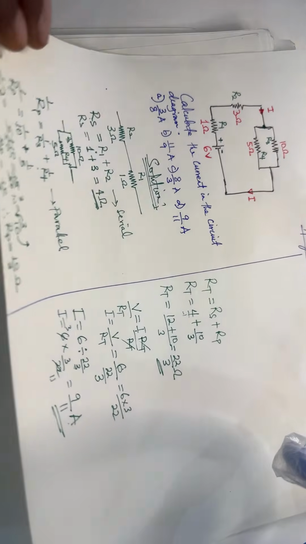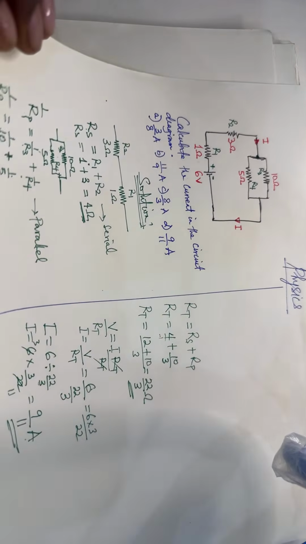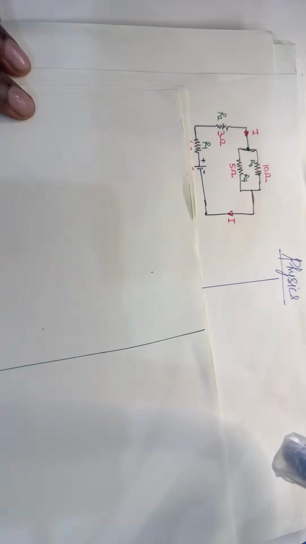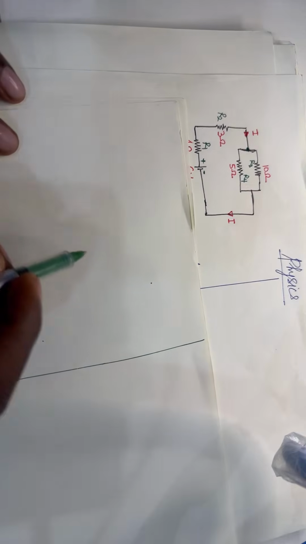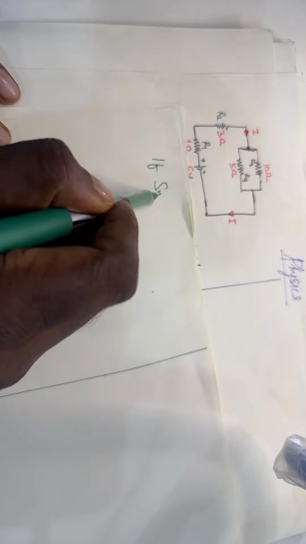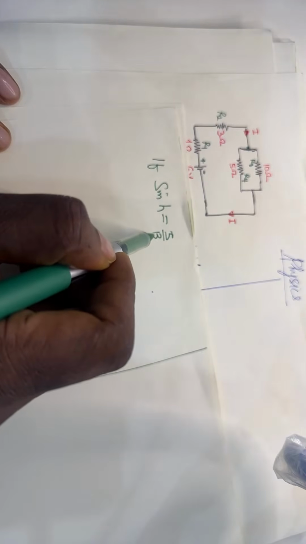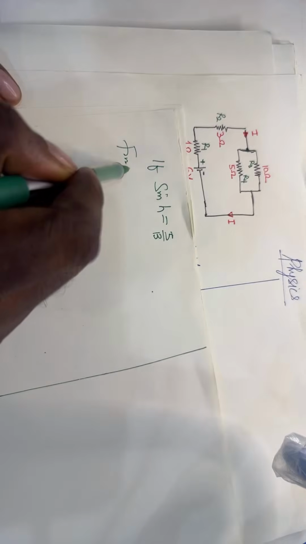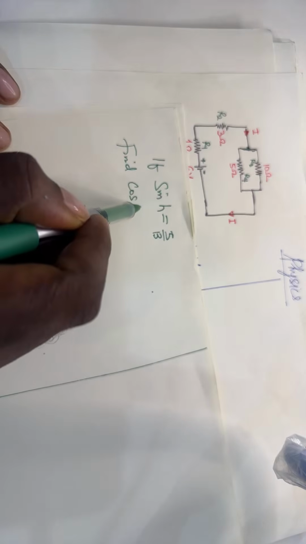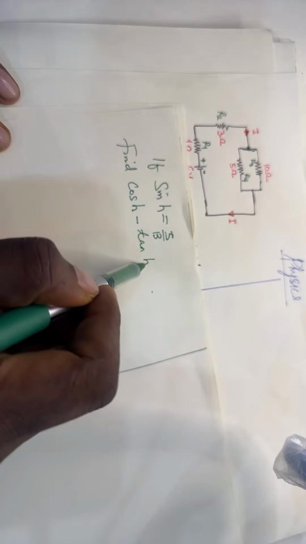All right, next question. If sine h equals 5/13, find cos h minus tan h.